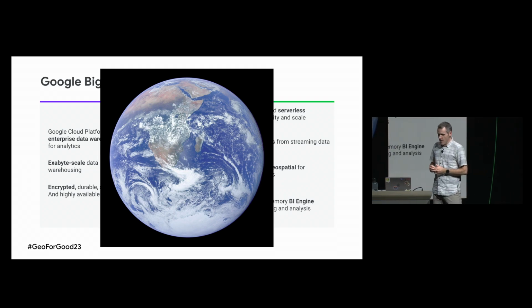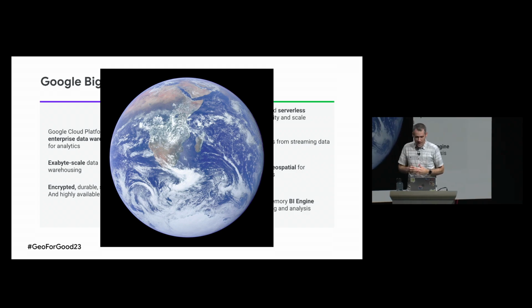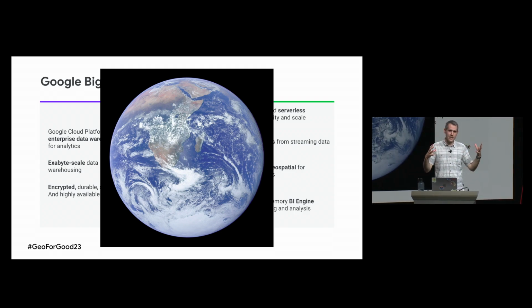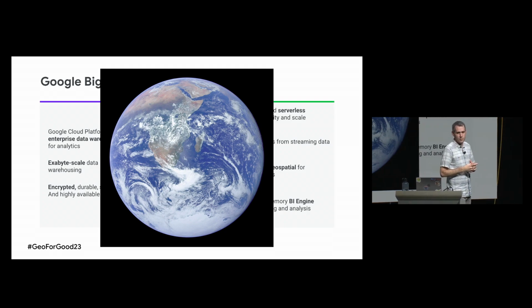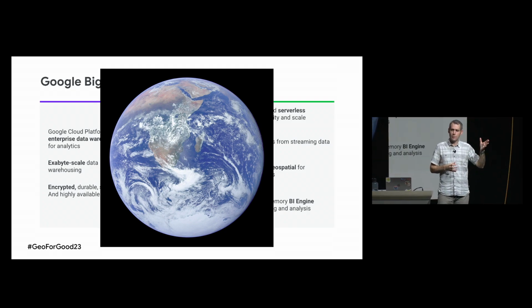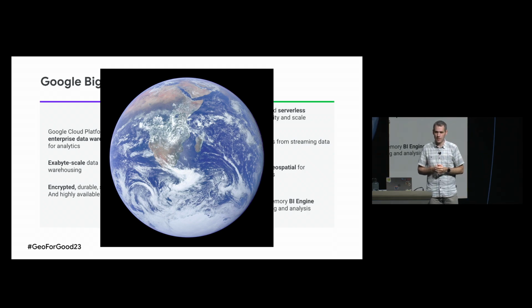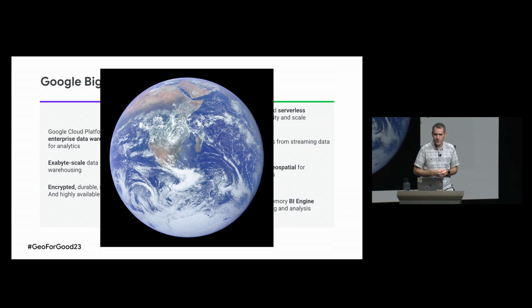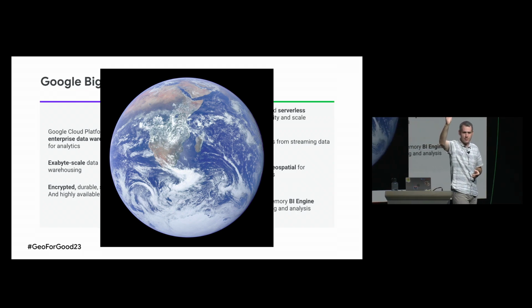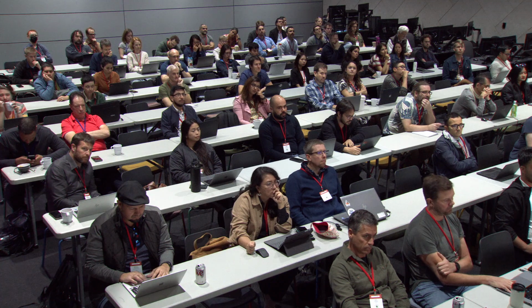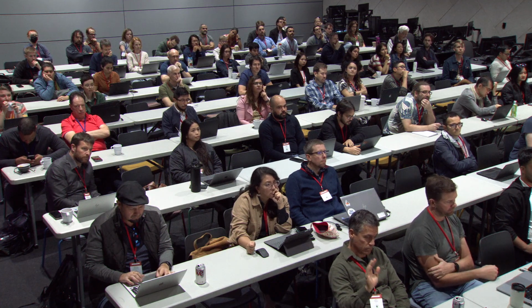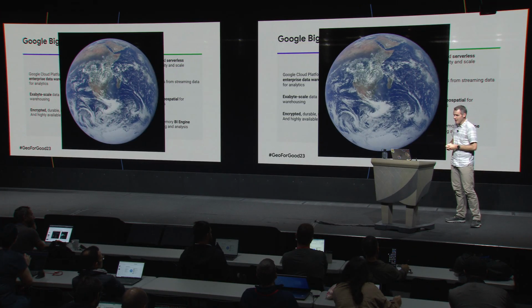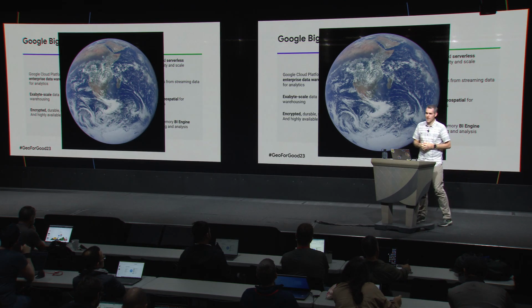So when we started thinking about how can we bring Earth Engine and BigQuery closer together, the first step was, let's start with exporting data out of Earth Engine into BigQuery directly. Before, who here has done that before? Anyone done that before where you had to export it to cloud storage and ingest it into BigQuery? Okay, we got three or four hands. Before it was a little dance that you had to do. Now you can do it directly.